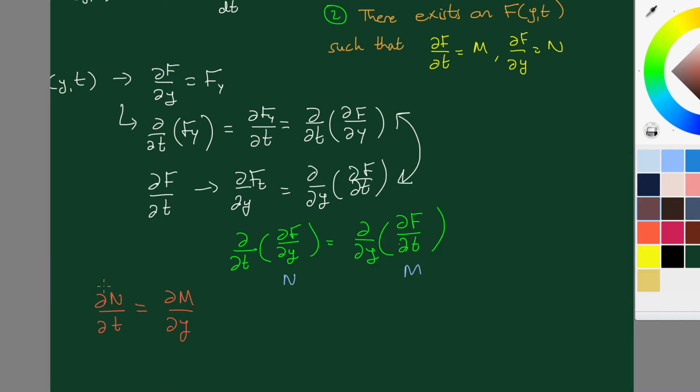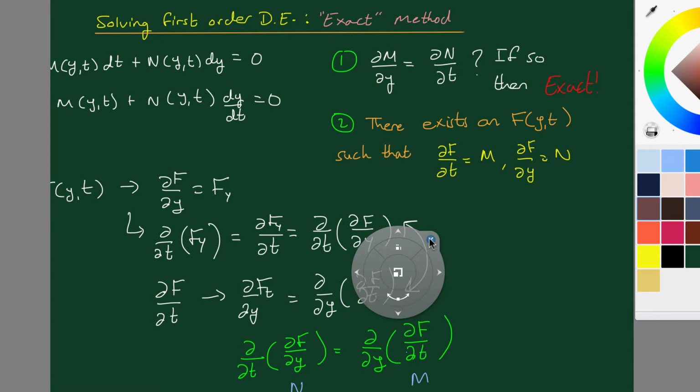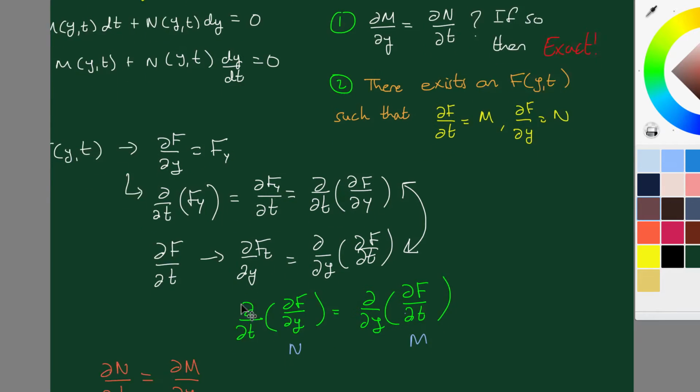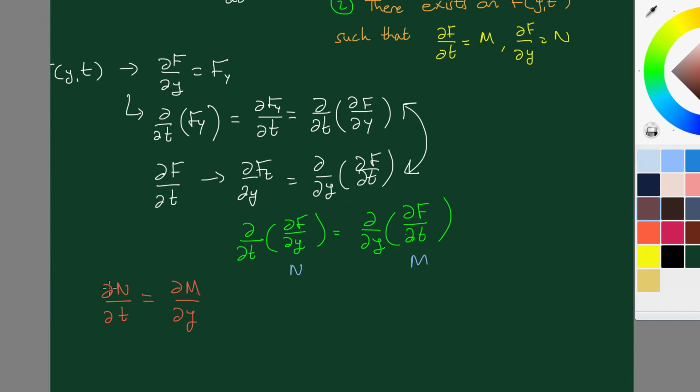So this here is the condition, the first condition that we were checking. Our condition was that dm dy must be equal to dn dt. And from what we just said about equality between partial derivatives, we see that we get the same thing. Dm dy is equal to dn dt.